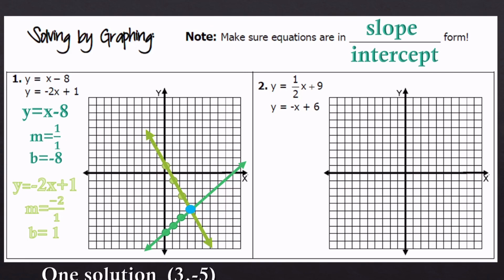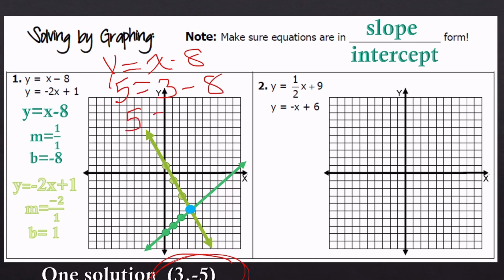Now, how could I check to see that I was correct? Well, I would take my ordered pair and plug it into the actual equation. So if you took this ordered pair and replaced it into this equation, I would replace my x with 3 and my y with -5.